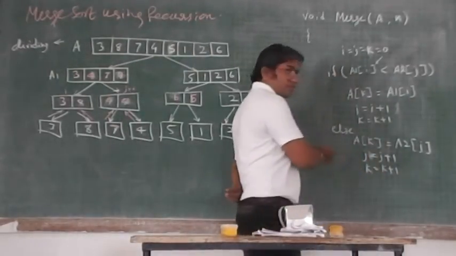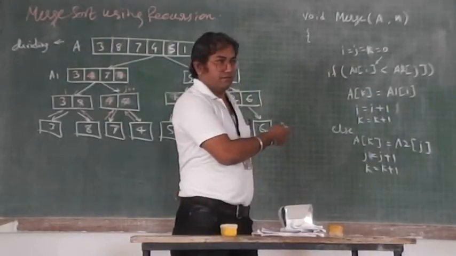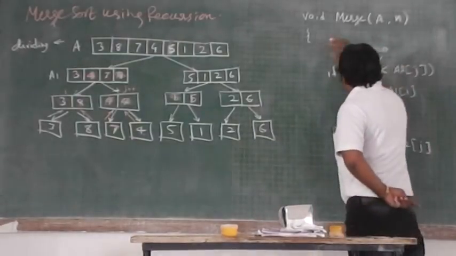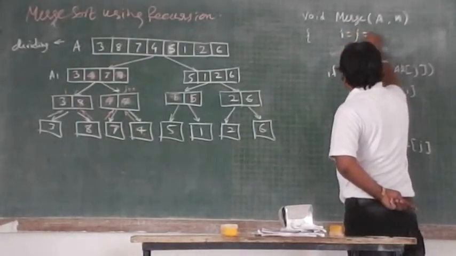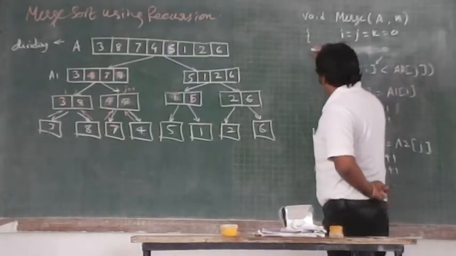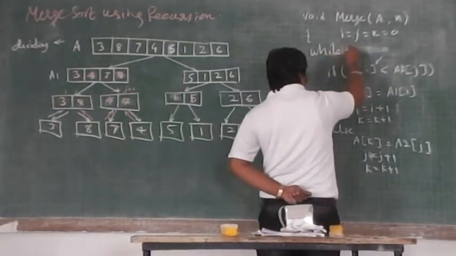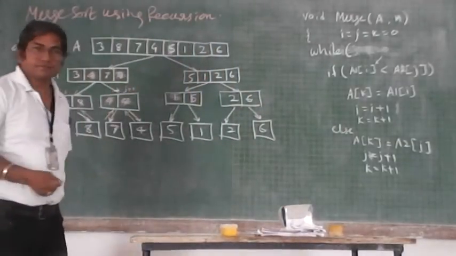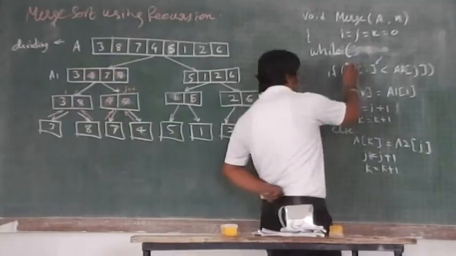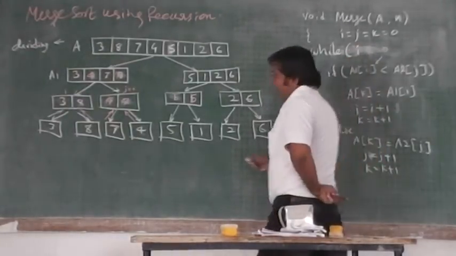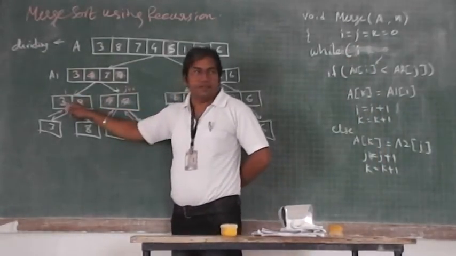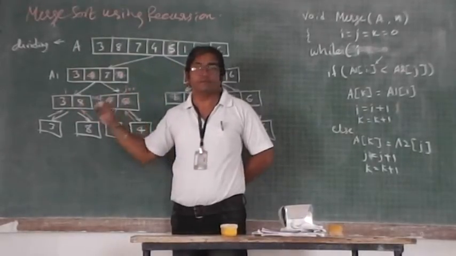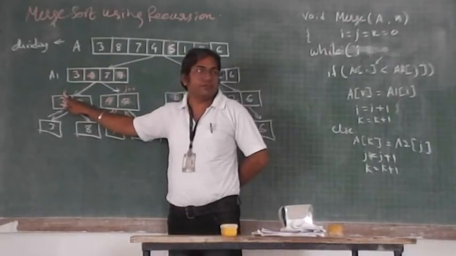Is it okay with this logic? So this particular logic has to go on. This logic should be repeated until when? Anybody? If any of i or j reaches its end, i becomes initially 0.